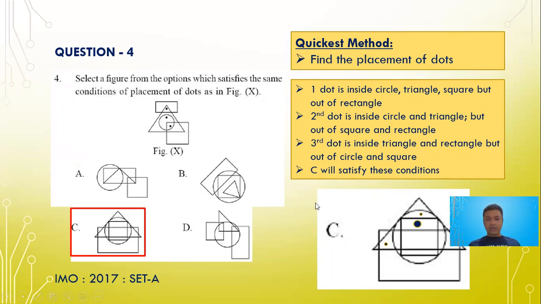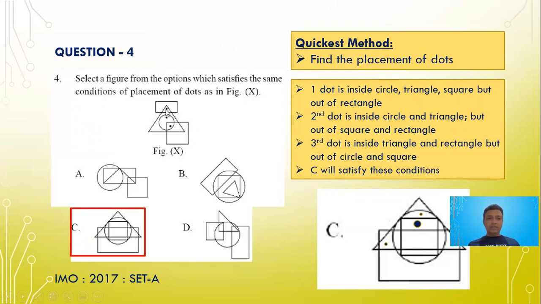The first dot here is inside the square, inside the circle, inside the triangle, but out of the rectangle. The second dot is inside the circle, inside the triangle, out of the square and out of the rectangle.